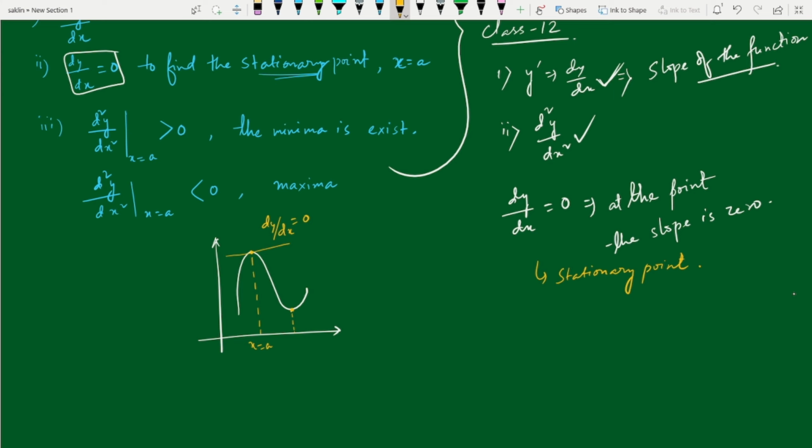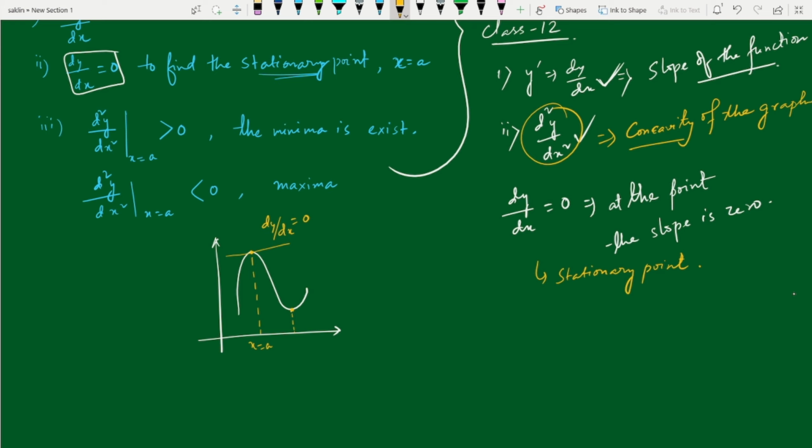Why do we do the double derivative of the function? The double derivative is used to find the concavity of the graph. What is meant by concavity?